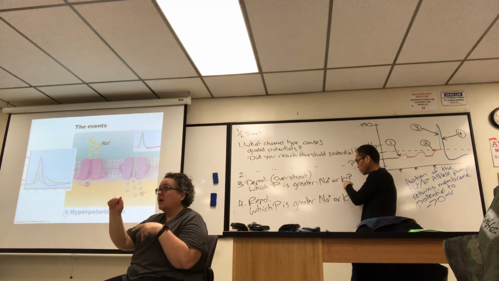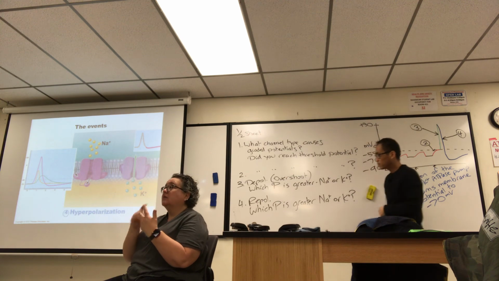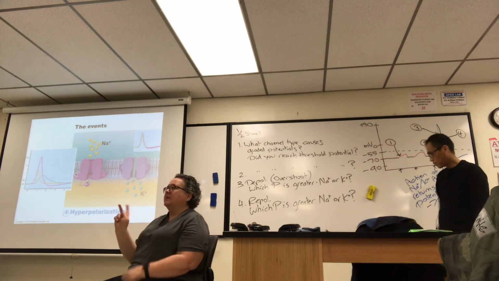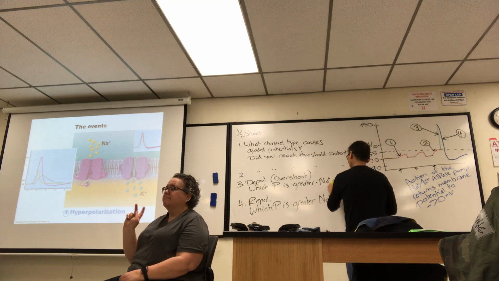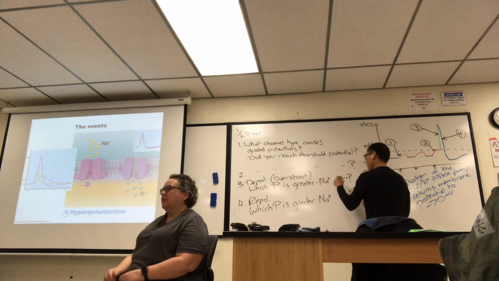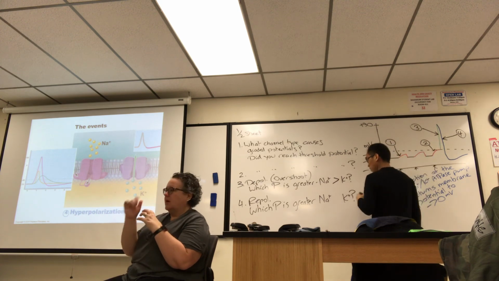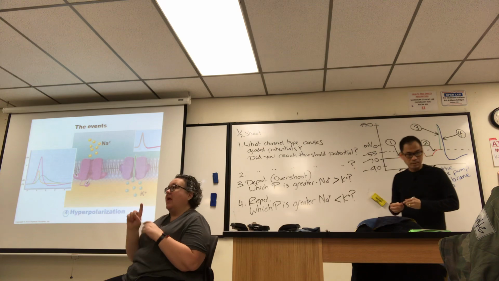Okay, for repolarization, which permeability is greater? Potassium is, yeah, so easy way to remember. Permeability of sodium is greater during the dipole and is greater for potassium for the repole. Okay, so we got that.